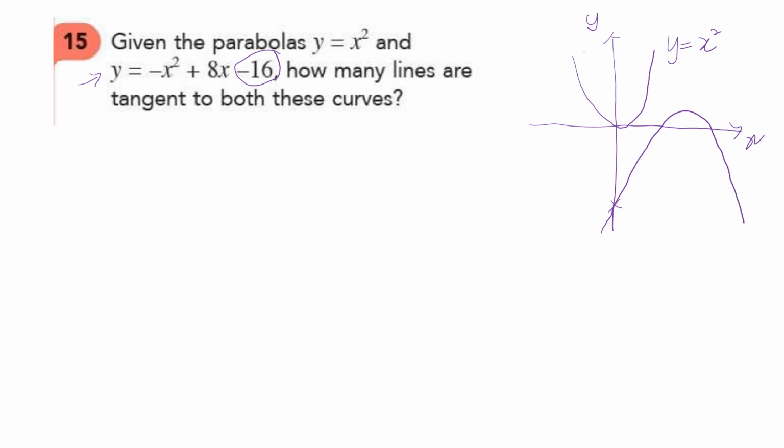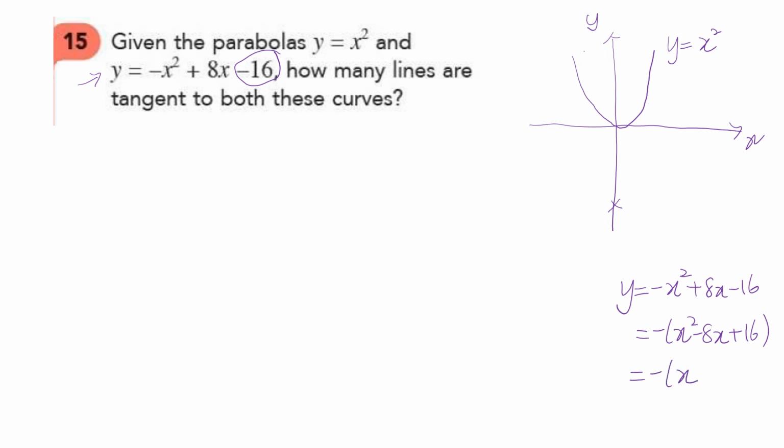Wait, oh, no, it's not. Because if you were to factorize it, there's only one x-intercept, which is here. So this is how your curve looks like.